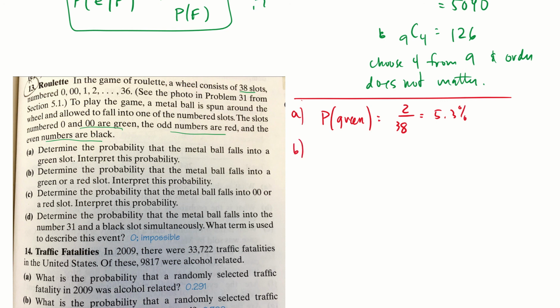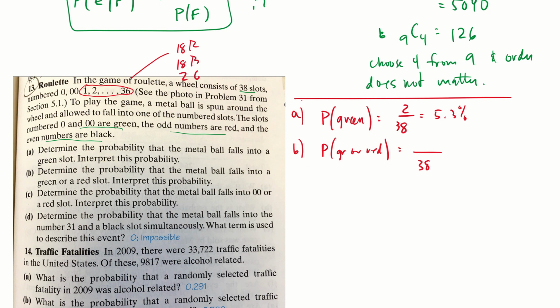B. Probability it falls into a green or red. Well, there's 38 slots. How many of them are green? How many of them are red? Well, there's 38, so 36 of them are red and black, so half of them. So I'll have 18 red, 18 black, and 2 green.